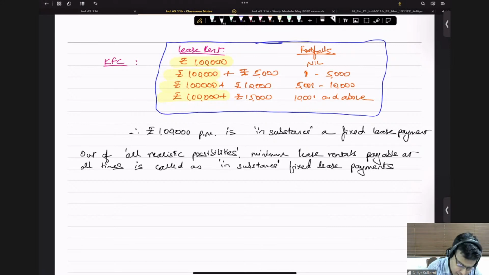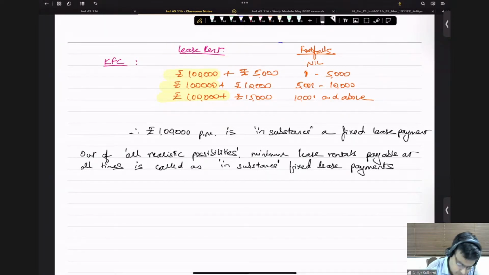Suppose let me modify this. If there are no footfalls, you will not pay anything. If the footfalls are 1 to 5,000, you will pay 1 lakh plus 5,000. If it is 5,001 to 10,000, it will be 1 lakh plus 10,000. If it is more than 10,000, 1 lakh plus 15,000.